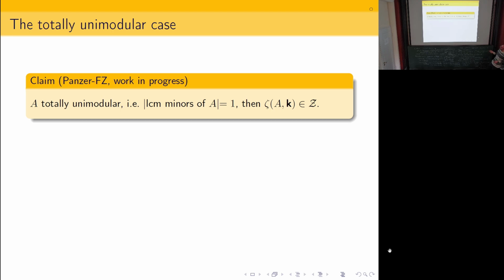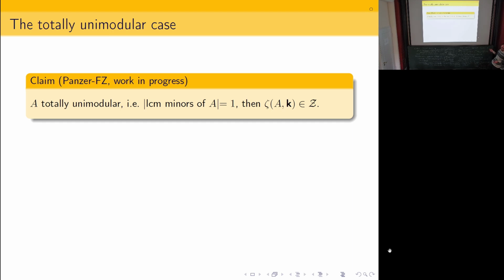So we still have some details in the proof to fix, but this would settle the question of everybody. So if A is totally unimodular, which means that all the minors are either zeros or plus or minus 1, which means that the LCM of all the minors is 1, then these numbers are multipositive values.